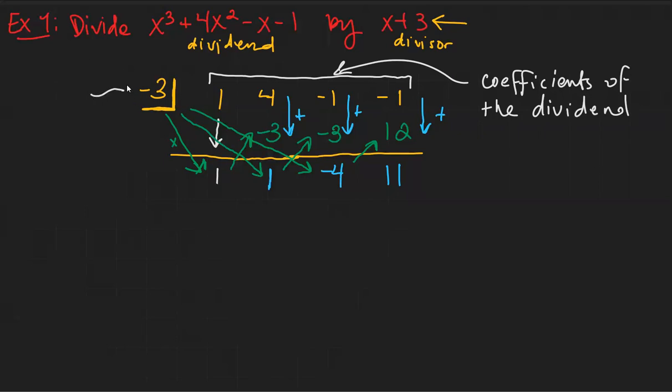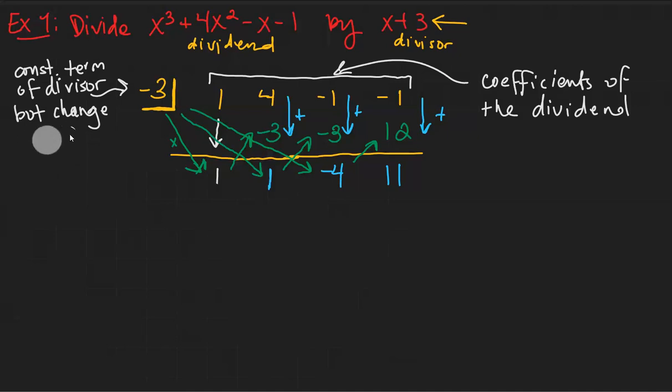What was this -3 coming from? This is the constant term of the divisor, right? Because in our divisor, the constant term was 3. So it's the constant term of the divisor, but with the sign changed. Since it was +3, I'm using -3 instead.